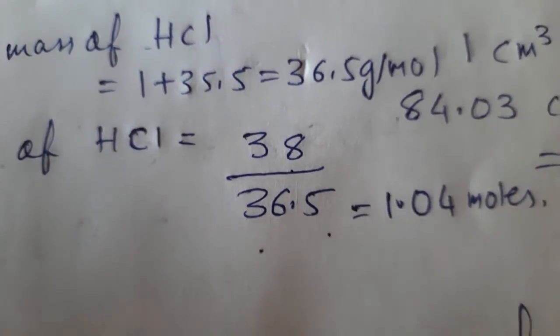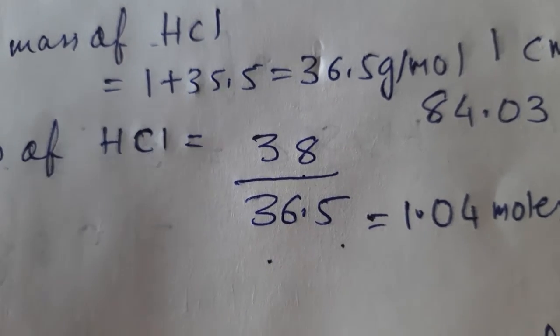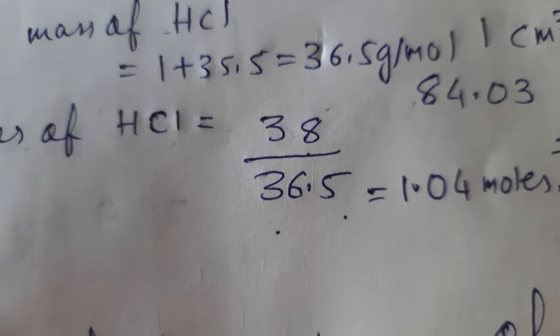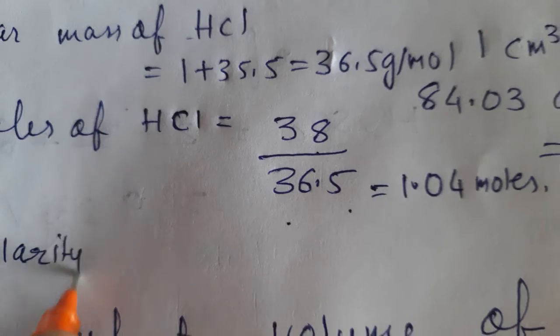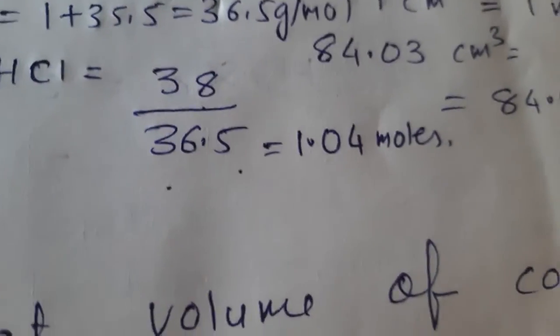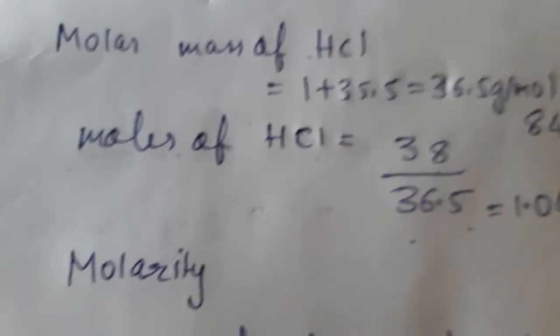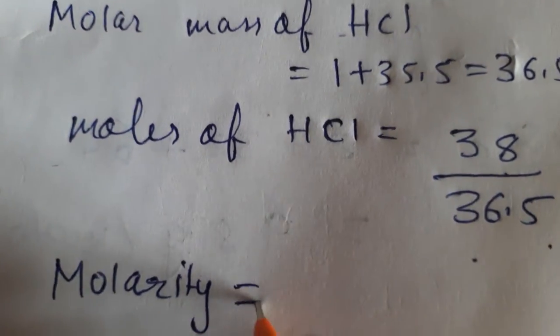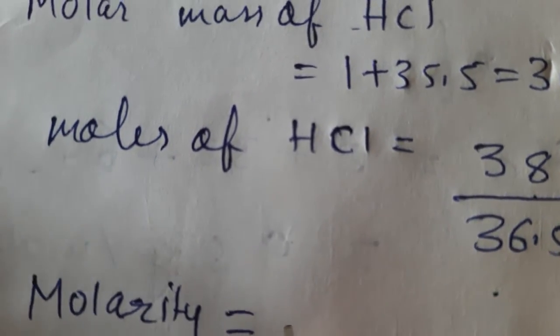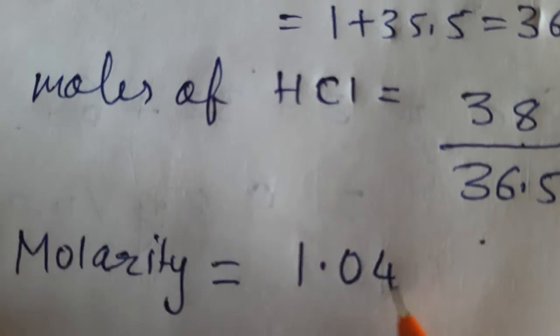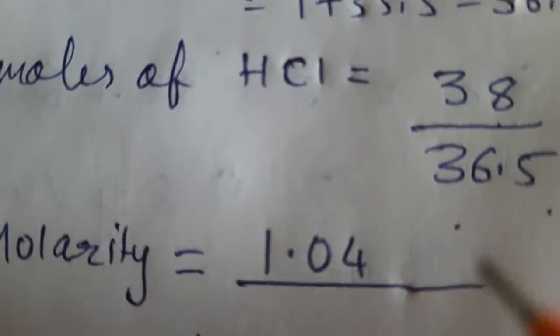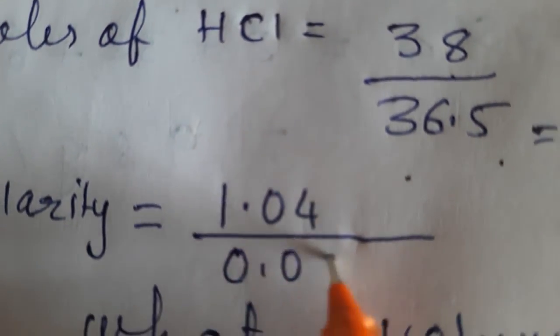After calculating this, we will write here molarity. So molarity is equal to how many moles we have, 1.04, divided by how many liters, 0.084.